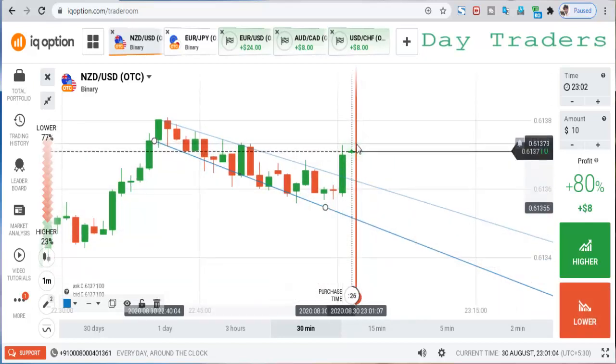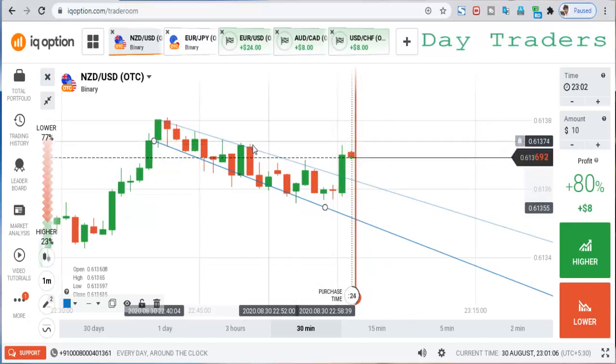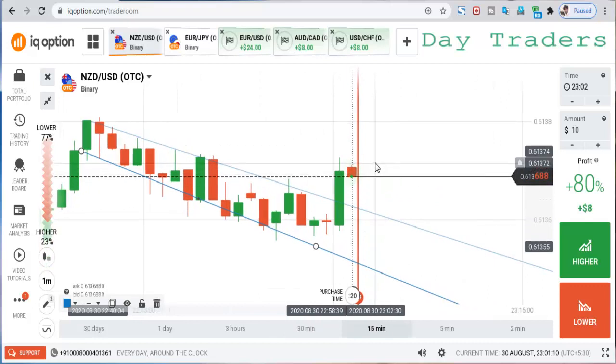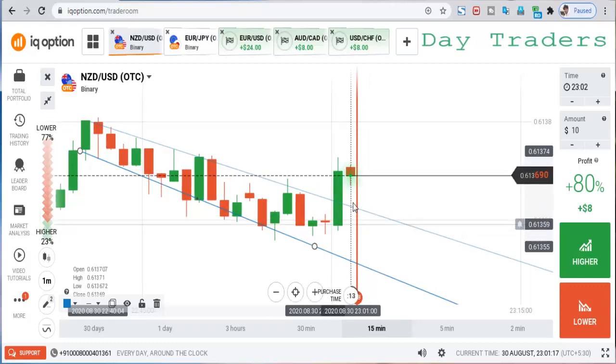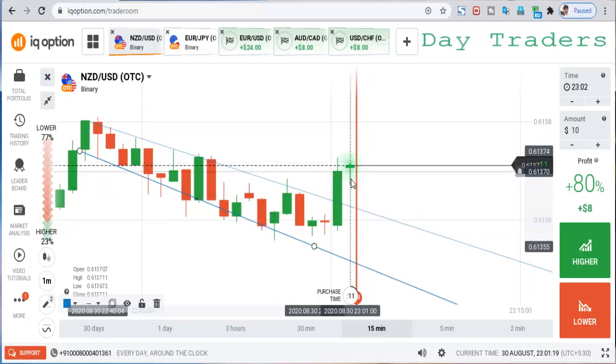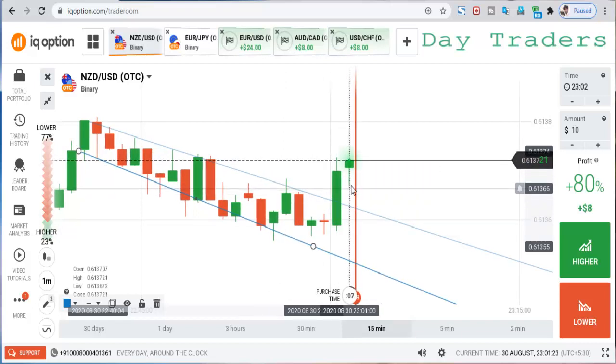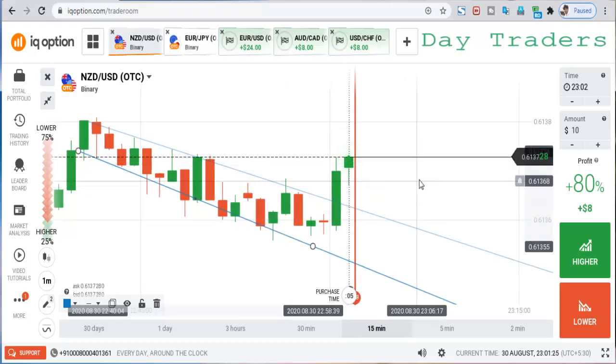Sometimes it makes a weak bullish candle, and at the next level here there is a gap. Okay, there are 50-50 chances, and if sellers touch this level, I will try to place a higher option, but it's going more up.